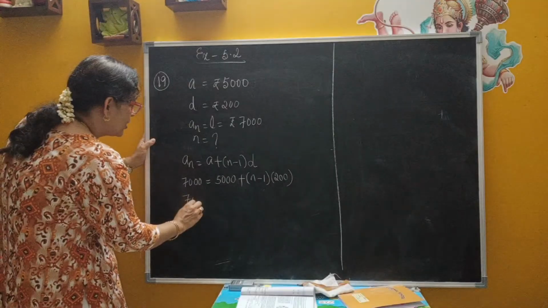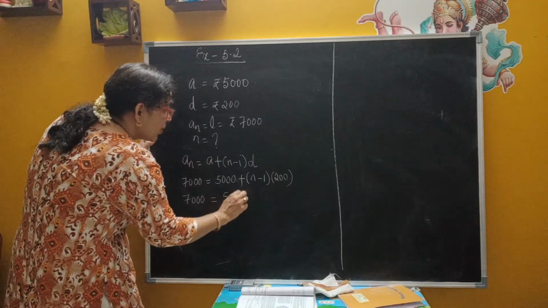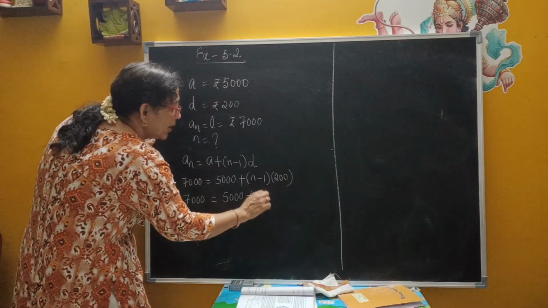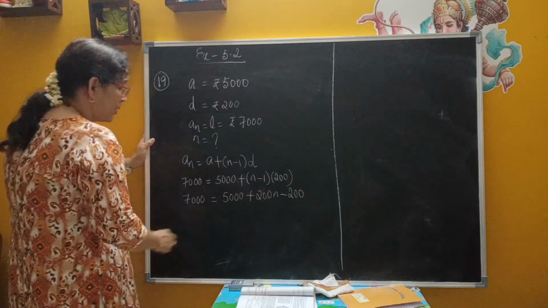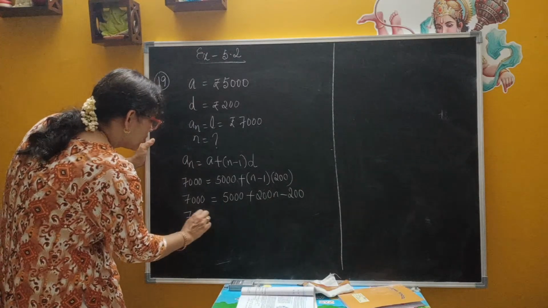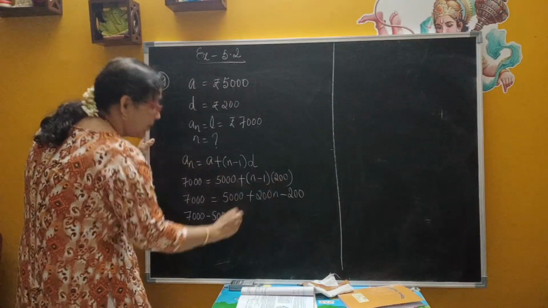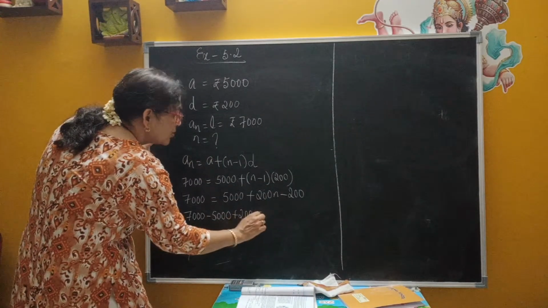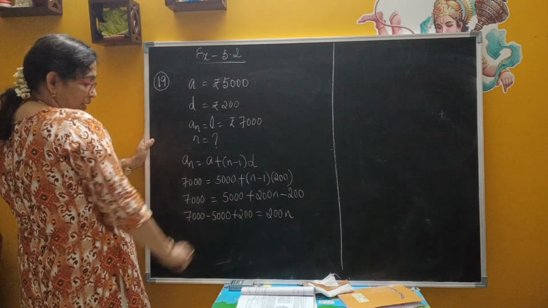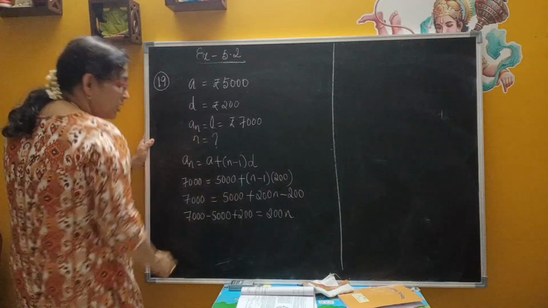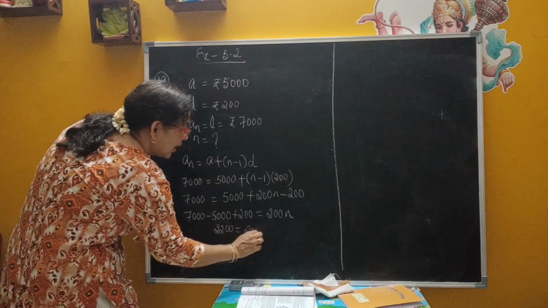After substituting, simplify now. 5,000 plus 200 into n, 200n, minus 200 into 1, 200. So 7,000 minus 5,000, I am transposing, and this plus 200 is equal to 200n. 7,000 minus 5,000 is 2,000. 2,000 plus 200, 2,200 is equal to 200n.